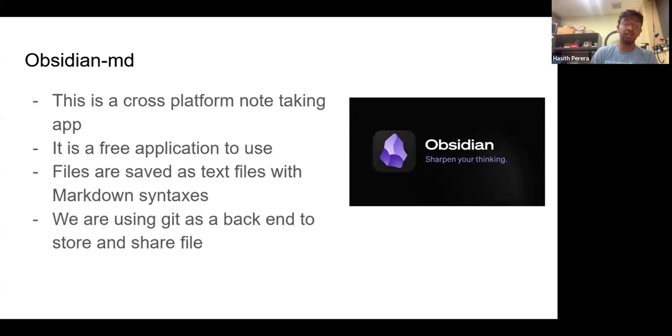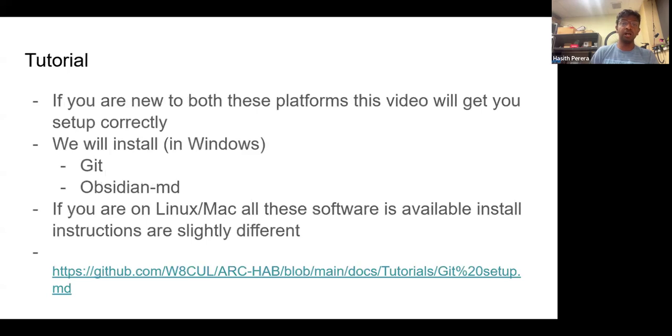It can work on Windows, Linux, and also on Macs. So that's nice as well. In this video, I'm going to focus on installing Git and Obsidian in Windows, but as I said, this can also be installed on Linux and Macs. If you have questions about it, reach out and I'll send you the required instructions for those platforms, or you can Google and find them yourself.